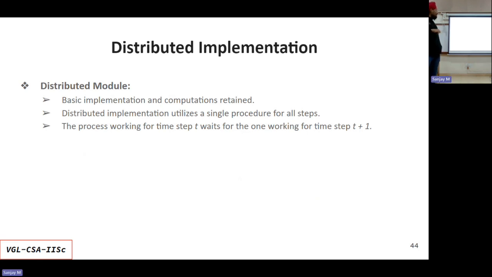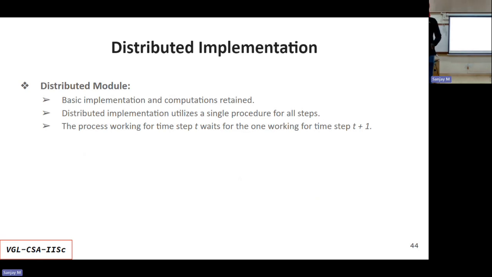And we use a single procedure here also, which waits for the next time step procedure. Like I said, when we are doing surface front computation, we don't have to have any interaction between two nodes or between two processes. We only need to interact with the other processes once the surface front computation is done, because we need to look at the surface front from the next step.